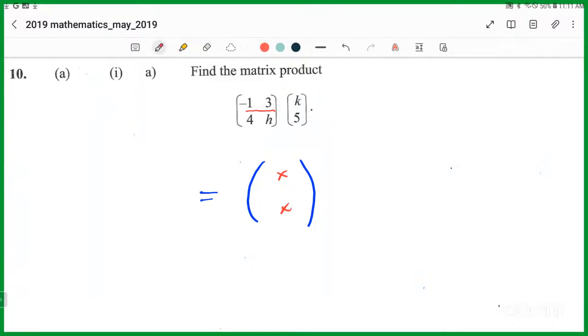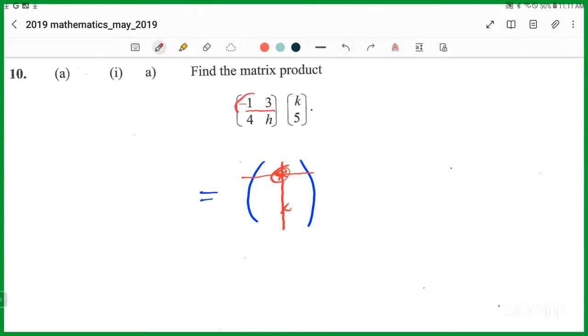So this first value that we want is positioned in the first row and the first column. To get it, we multiply this first row by this one column, the same way as before. First element in the row times the first element in the column, plus second element in the row times the second element in the column.